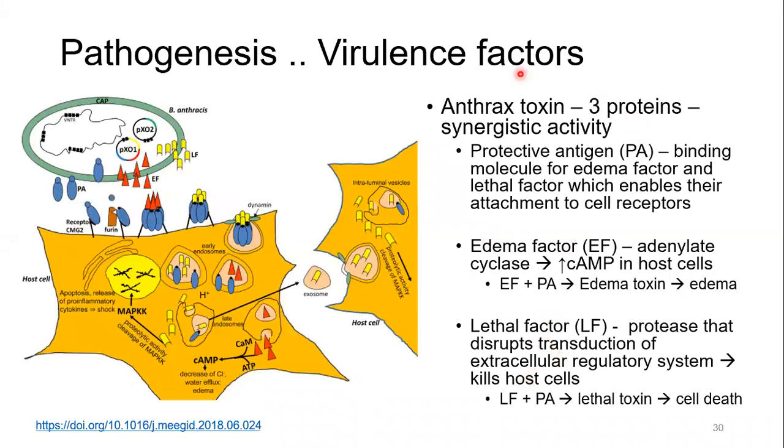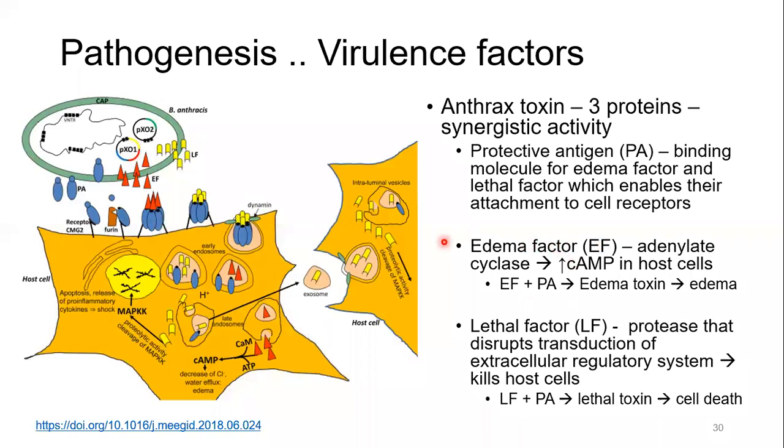So the protective antigen, which would be the PA, is the one that allows binding of the edema factor and the lethal factor to cell receptors within host cells. So the protective antigen has to bind to the two factors to be able to then allow them to bind onto the host cells to cause their effects.